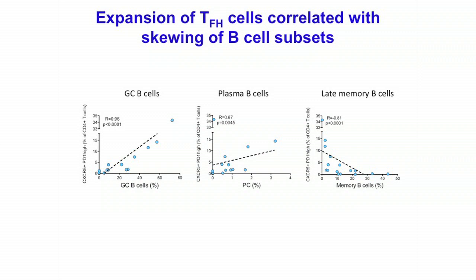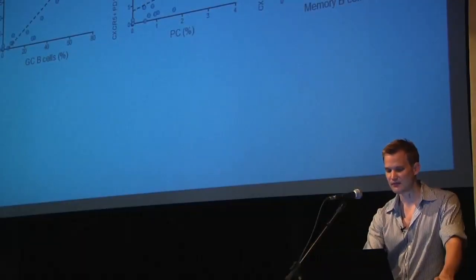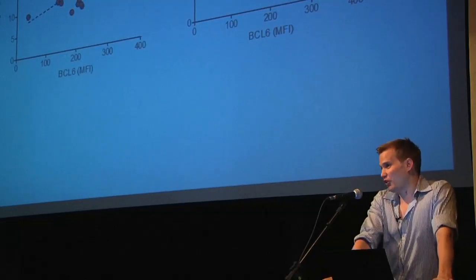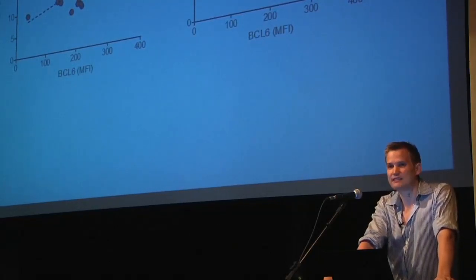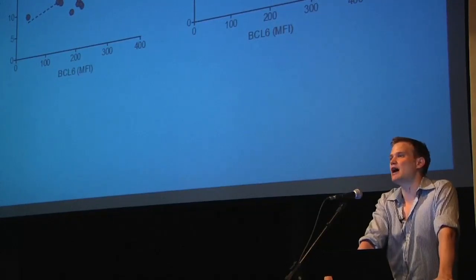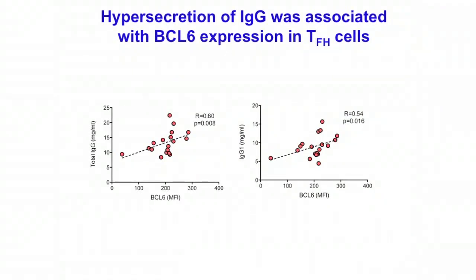And we see that the decrease in memory B cells is also associated with the expansion of T follicular helper cells. What we also see is that the expansion of T follicular helper cells is associated with hypergammaglobulinemia, so non-specific secretion of low affinity antibody responses.